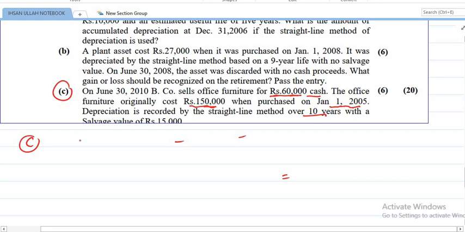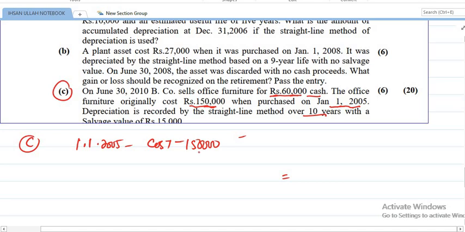So on 1st January 2005 we purchased the office furniture, and the original cost was 150,000. This question has no such requirement, so we'll assume that they want us to calculate the gain or loss and also make a double entry.